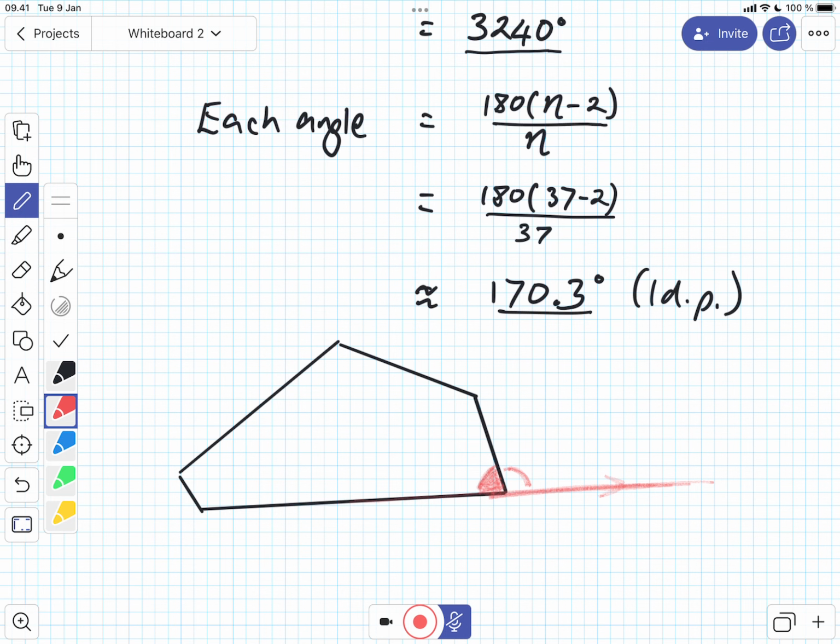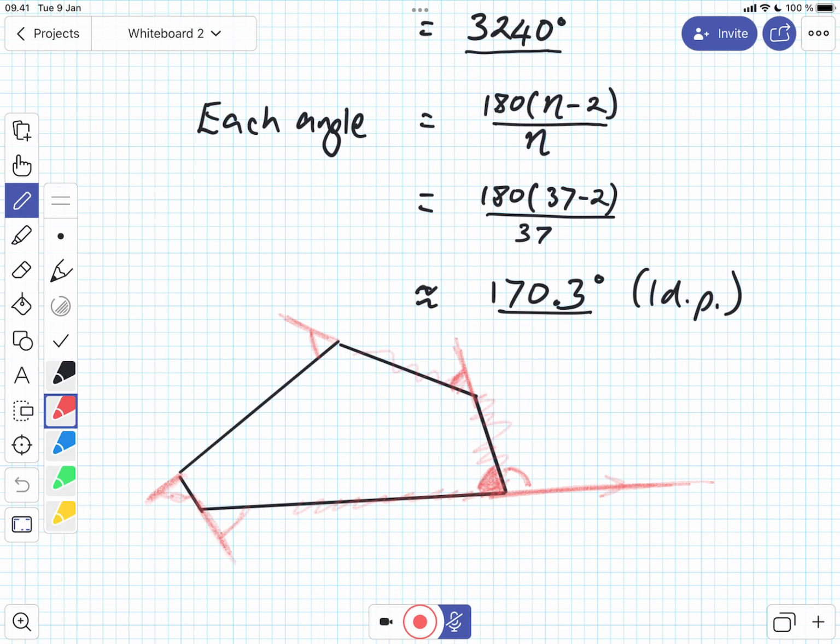And then another property of that is if you go around all of the exterior angles, there they are, I'm just drawing them in. I'm not sure why I've got this weird pencil tool on, it's not the right one. But if you imagine yourself walking around the shape, and then you turn around to stay on the shape, then each time you turn around, you walk through the exterior angle.